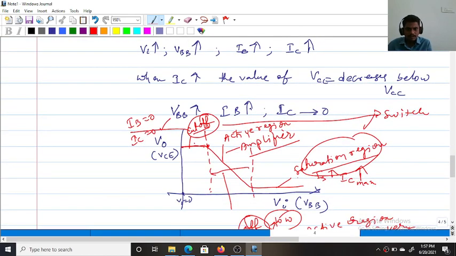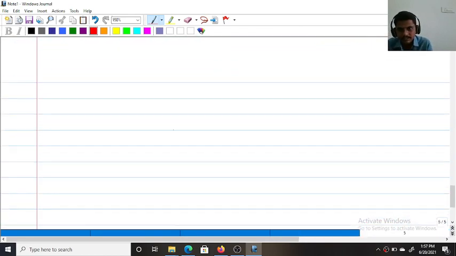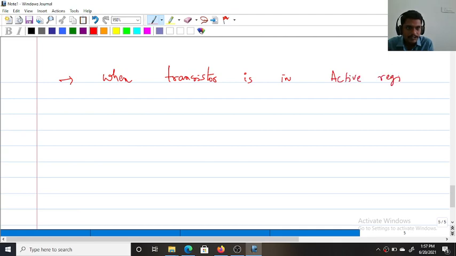When the active region is broad, when the transistor is in the active region, it acts like an amplifier.